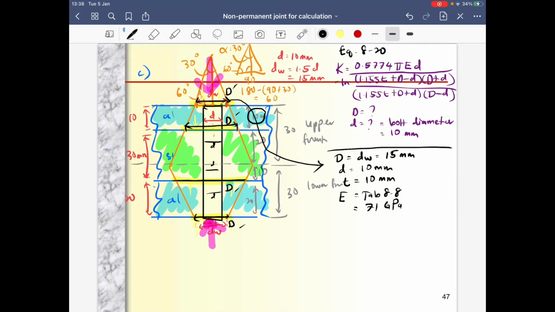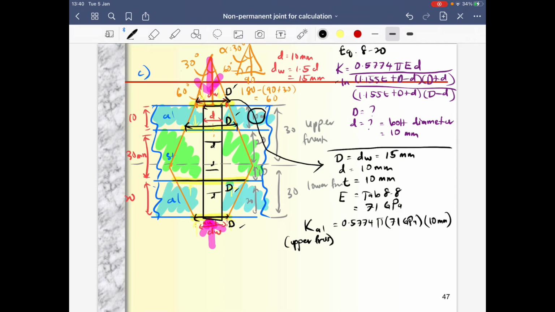I think that's enough. So you can calculate for K aluminium, upper frustum. You can write it like this so that you will not get confused. So K is 0.5774 times 71 GPa, and then the small diameter, meaning the bolt diameter, 10 mm.